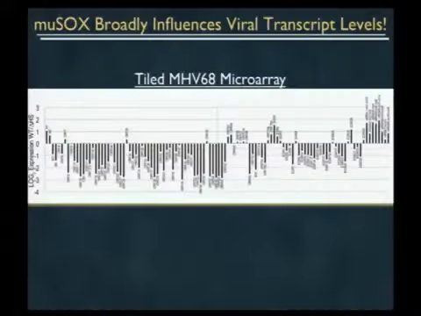To answer this question, we established a collaboration with Laurie Krug at Stony Brook, who had generated a tiled microarray across the MHV68 genome, allowing us to look at all of the RNAs on both strands.